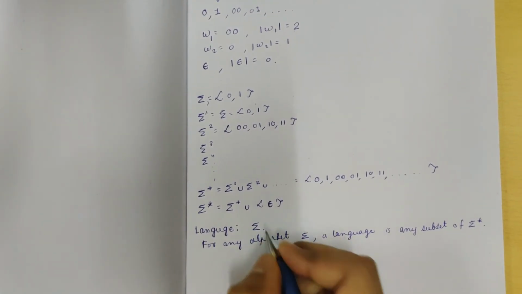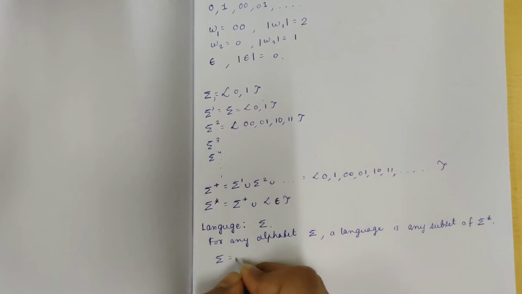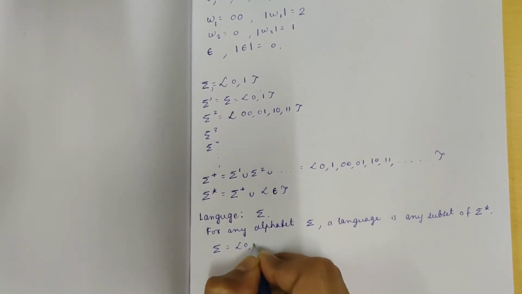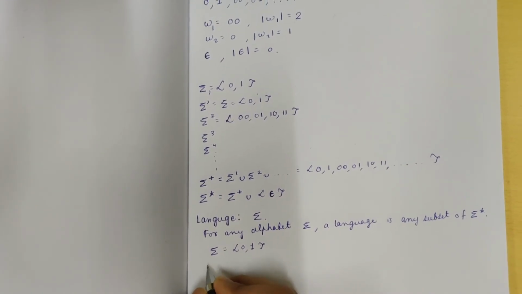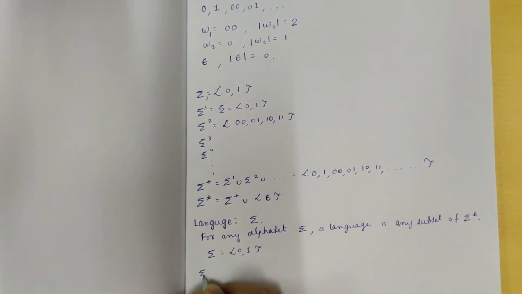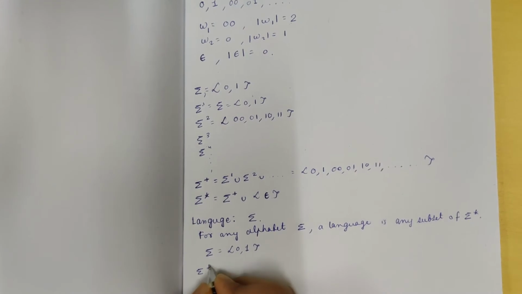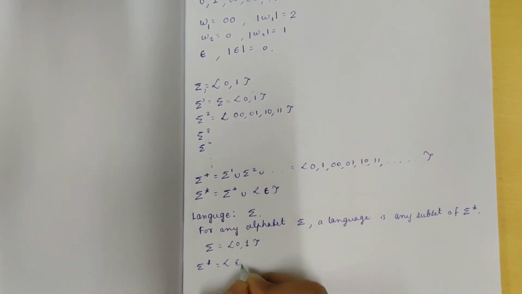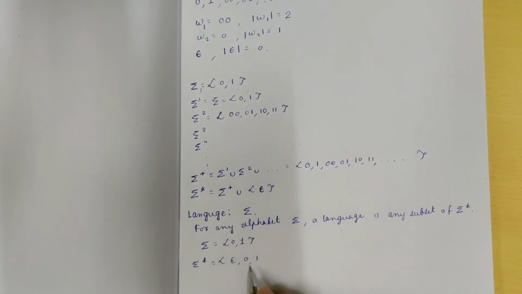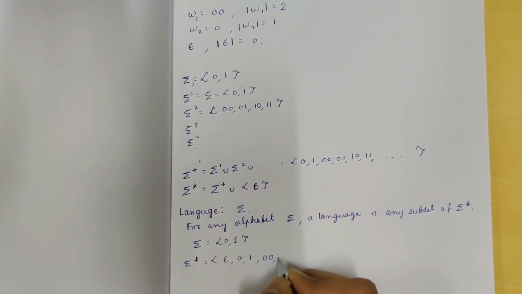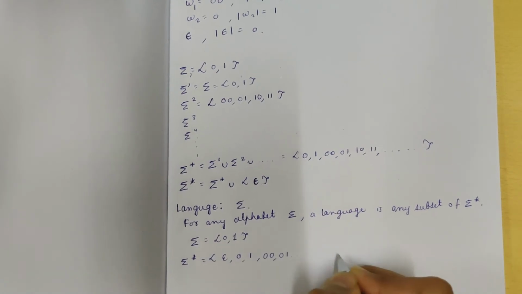Suppose here we have sigma equal to 0, 1. I'll be defining different languages here. As we saw just now, sigma star will contain epsilon, the 0 and 1 length-1 strings, then strings of length 2, and it goes on.